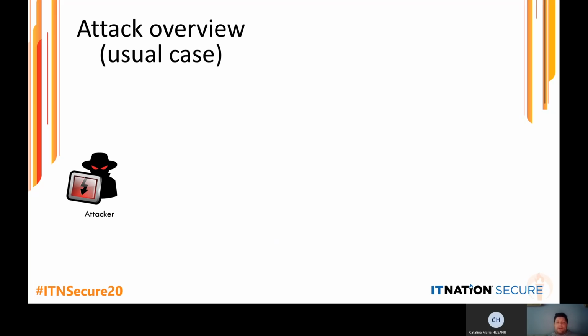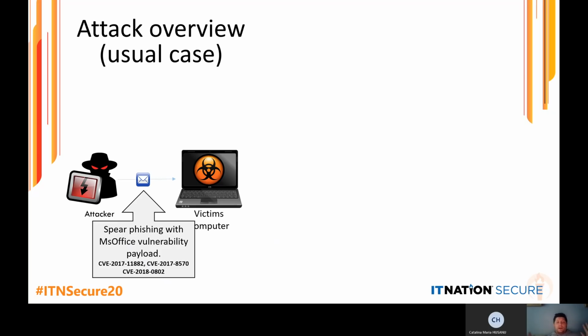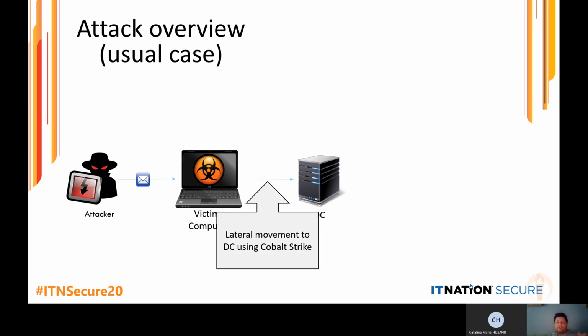So we have an attacker that usually sends an email, usually a phishing email with certain payloads. The exploits that they're using are quite old, like two or three years old. Once it reaches the victim's computer, they use one of their frameworks, the Cobalt Strike framework, to dump passwords from memory and then use those passwords to find an administrator password.